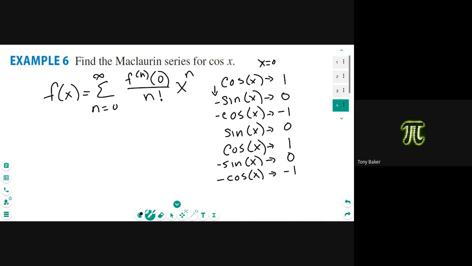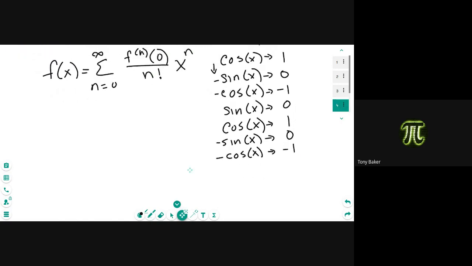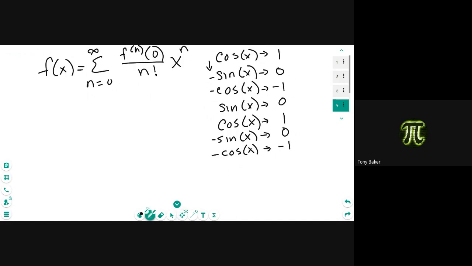Back and forth between 0 and 1 and -1 and 0. That's what's happening. All right, so let's write it out, because sometimes writing it out actually will help us figure out what's going on. So the first term is going to be, plug in 0, you get 1.